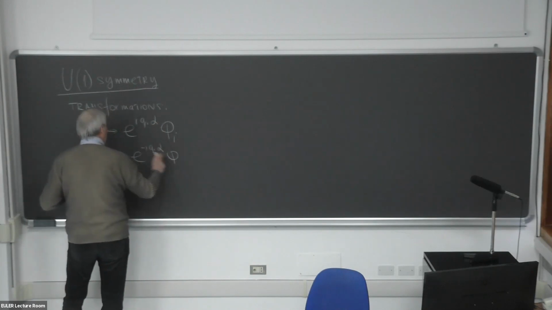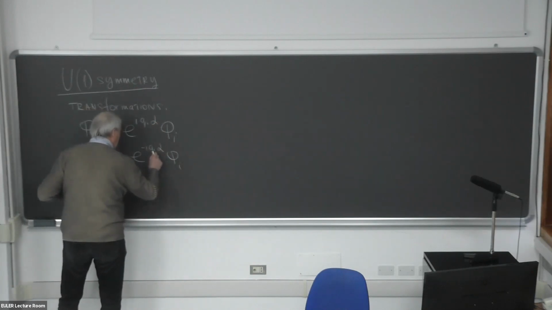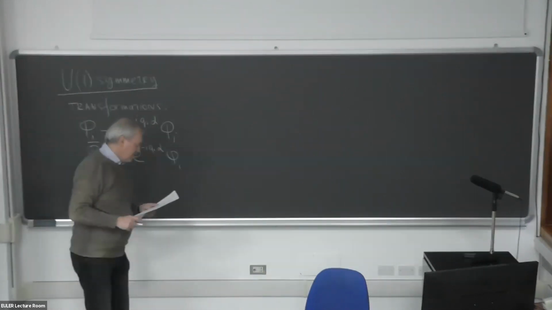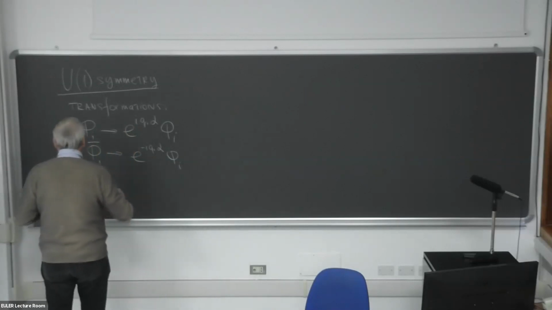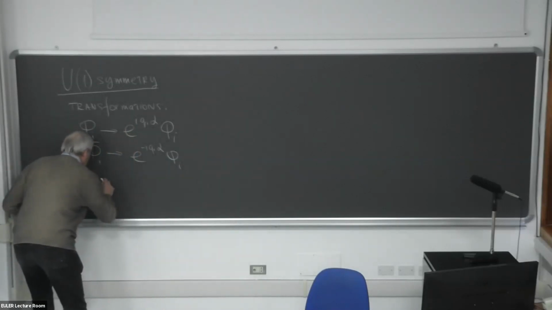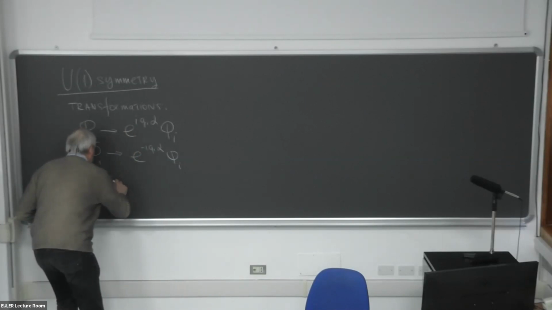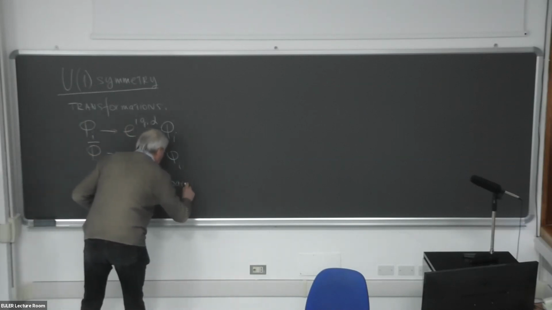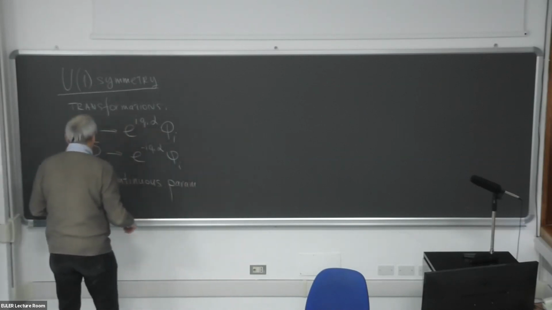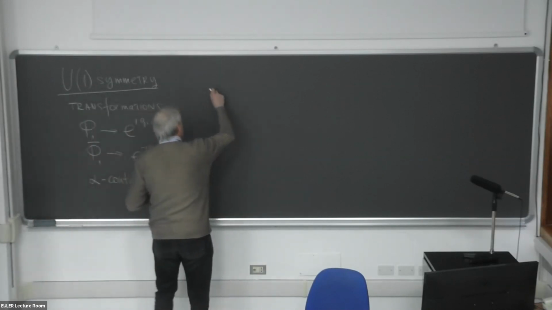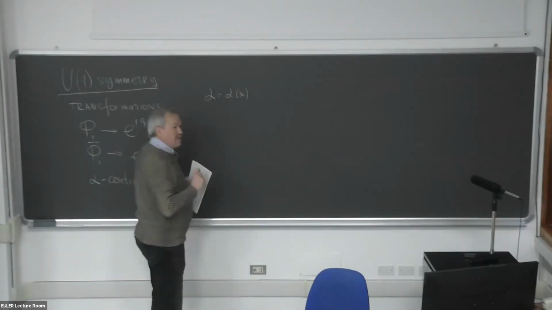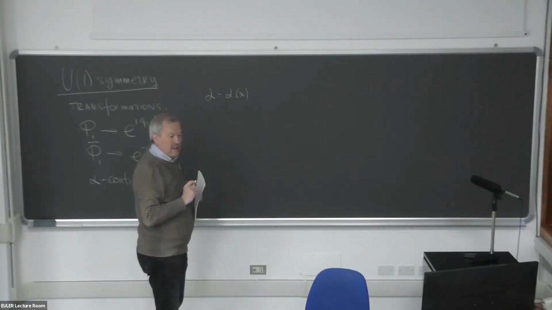So i here denotes the field, and it refers to the field, and don't confuse it with i, which is the usual complex unit. Now, α is a parameter, a continuous parameter. So if α is a function of x, we call this symmetry local symmetry. Otherwise, it is global.